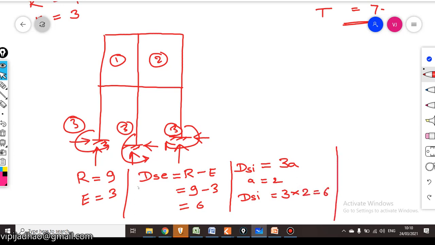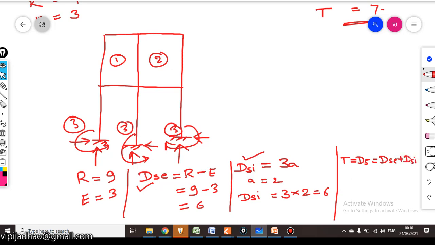So this is the static degree of external indeterminacy, this is the static degree of internal indeterminacy, and the total degree of indeterminacy, DS, will be equal to DSE plus DSI.